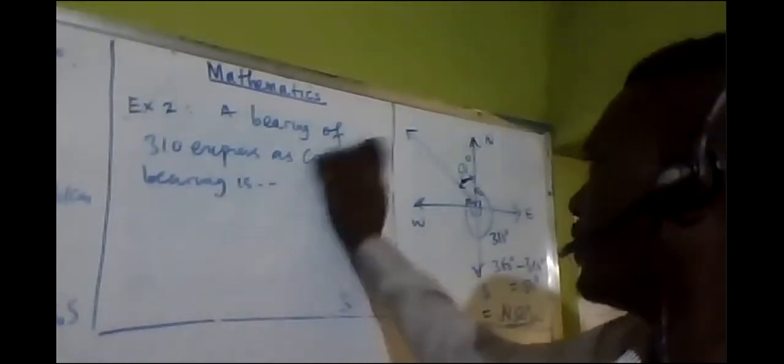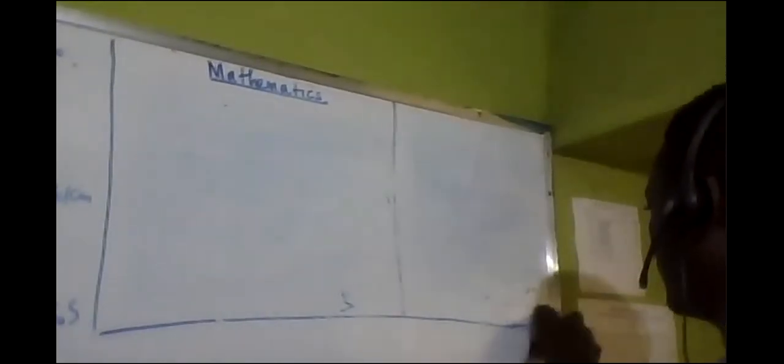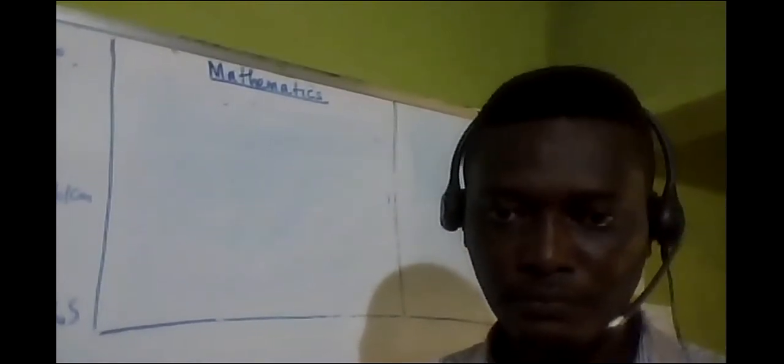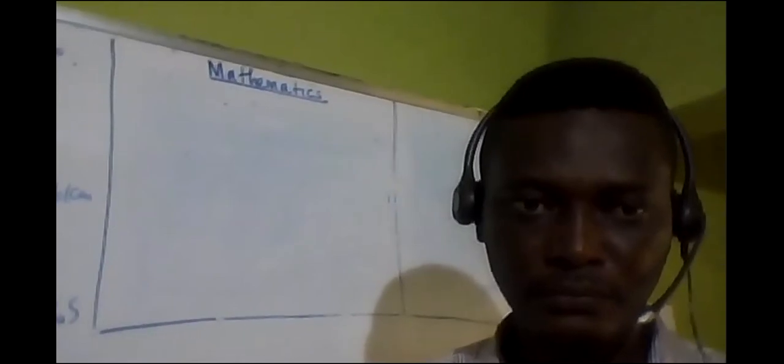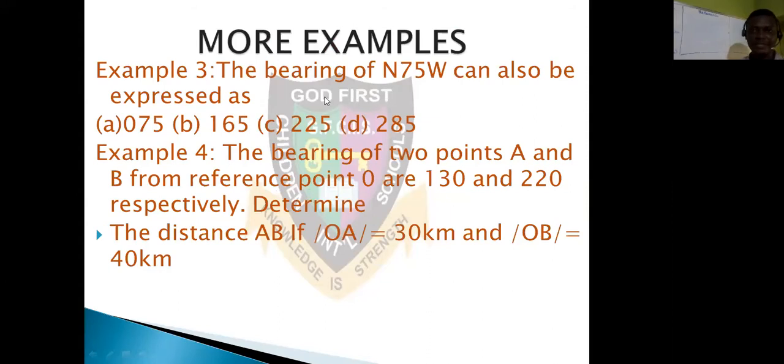Let's go to another example. Example 3: the bearing of north 75 degrees west can also be expressed as what?